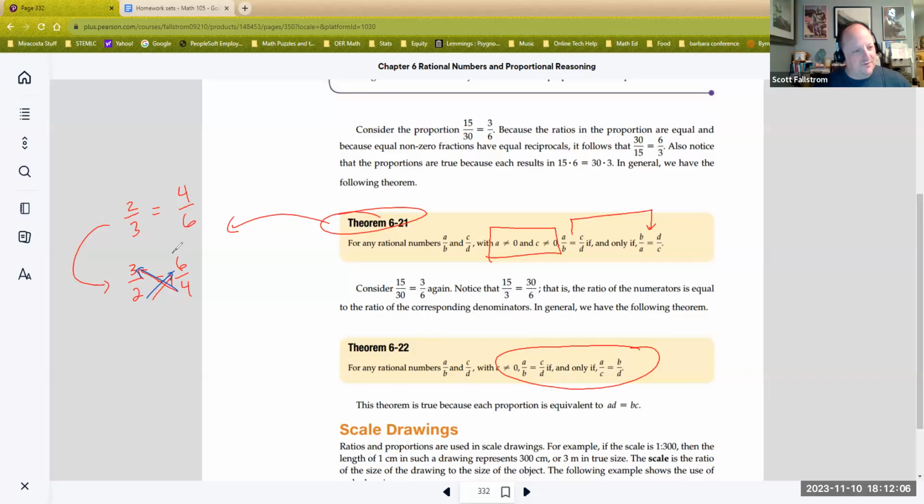Which would mean if I swapped places with the 6 and the 2, and I put a 6 here and a 2 up here, and when I did my multiplication, I'd still get 12. So what that means is I could switch these, and now 3/6 is the same as 2/4. And you got to be like, yeah, that actually does work. That absolutely does work. So there's your kind of being able to switch things.